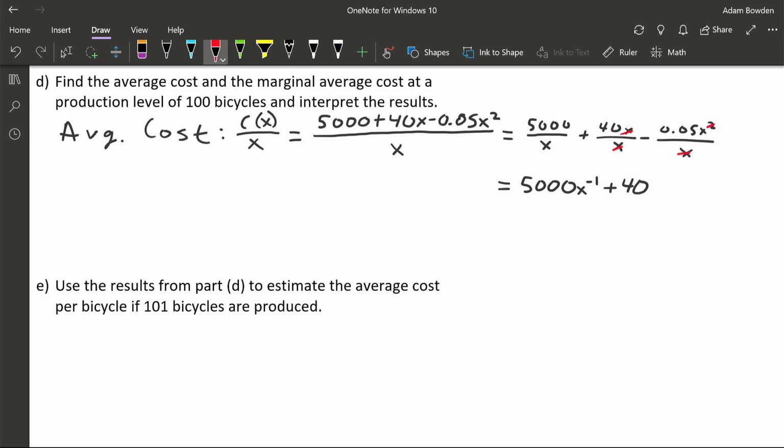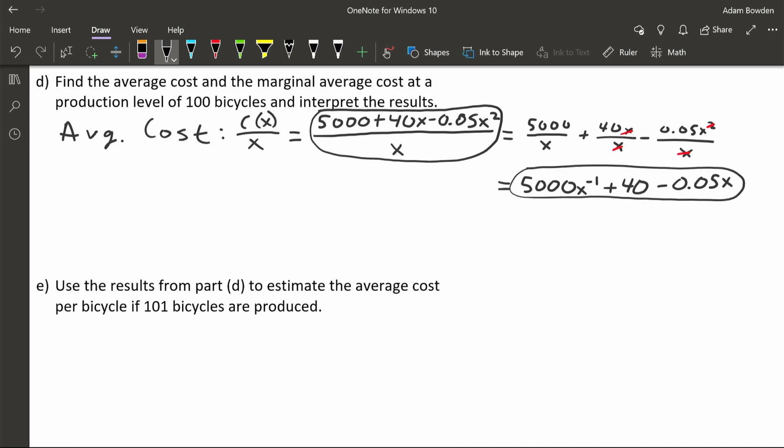I can also cross out an x from top and bottom on the other one, making it 0.05x. So we start out here with the average cost function over x, and then I'm going to rewrite it like this, because it wants me to find the marginal average cost function.